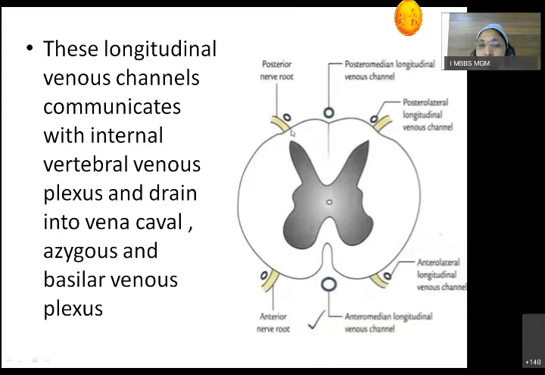Similarly, along the posterolateral sulcus, there are posterolateral longitudinal venous channels. Thus, there are 6 longitudinal venous channels, 3 anteriorly and 3 posteriorly, which communicate with the internal vertebral venous plexus and then drain into the caval, azygos or basivertebral venous plexus.